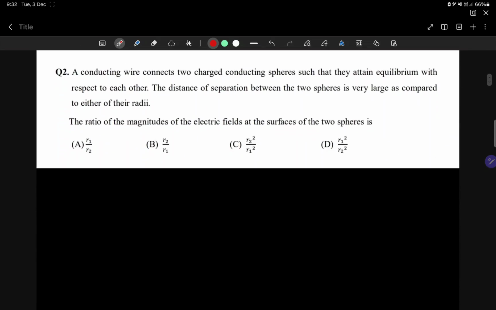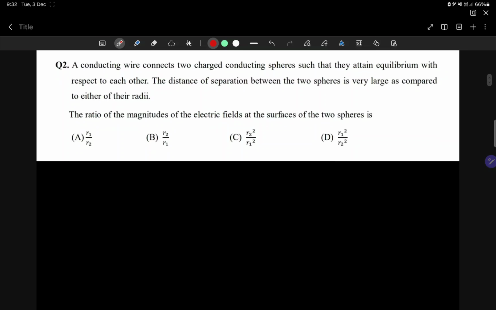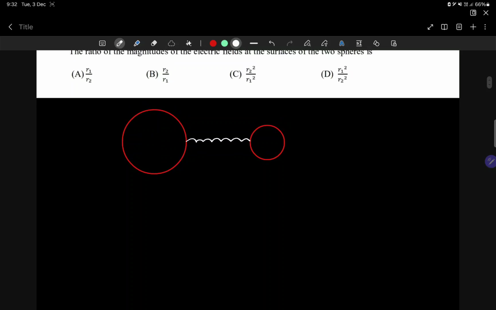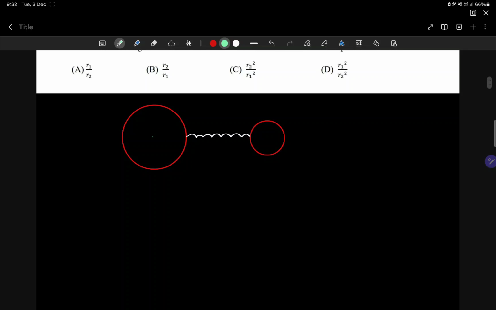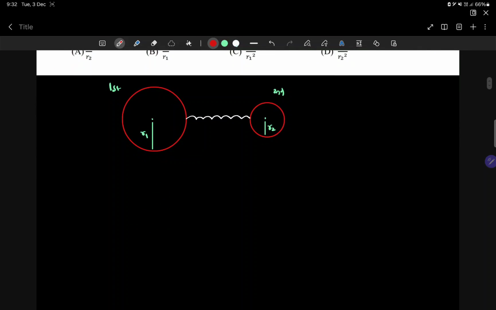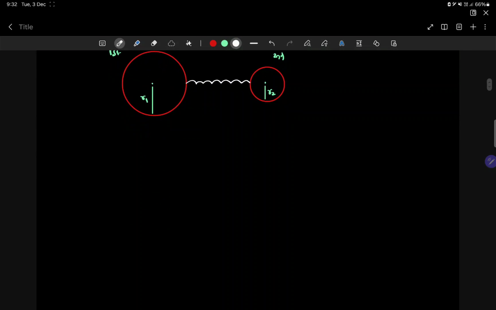Next, second question: a conducting wire connects two charged conducting spheres such that they attain equilibrium with respect to each other. Suppose these are two conducting spheres connected with each other by a conducting wire, and let the radius of the first conducting sphere be R1 and radius of the second be R2.